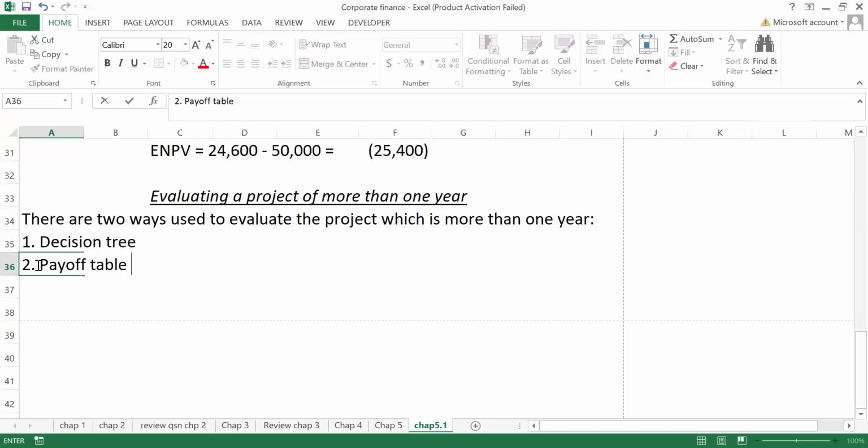So I want us to look at a simple example that is going to help us understand these 2 methods, a decision tree, or what is called a payoff table.